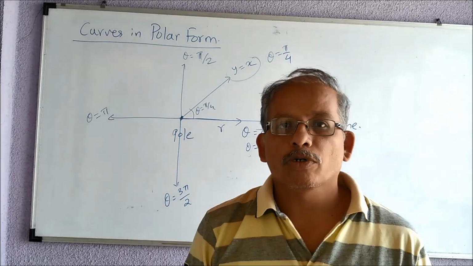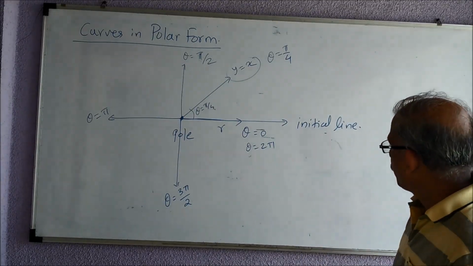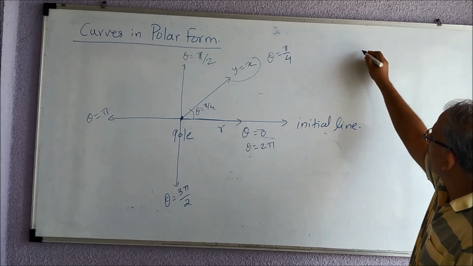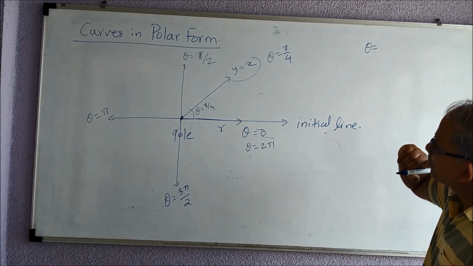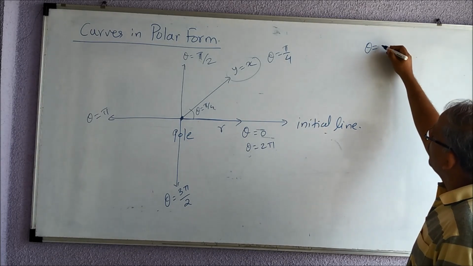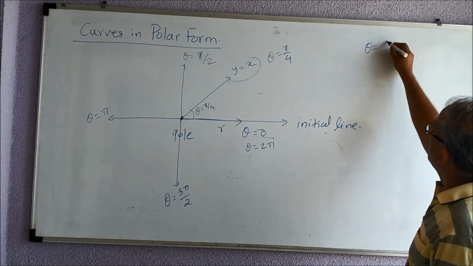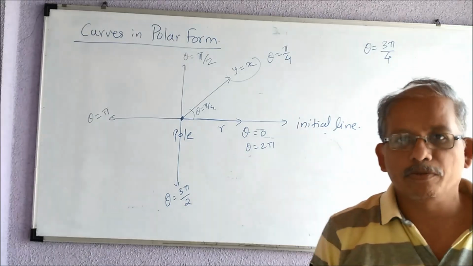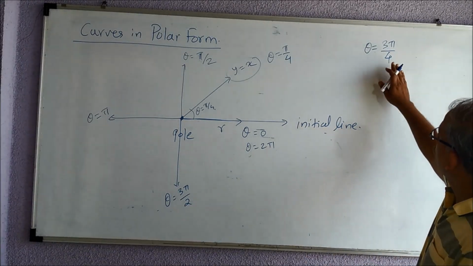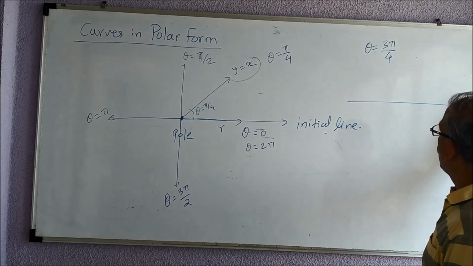Suppose I want to find out how the line theta equal to 3 pi by 4 looks. I find the angle about the pole.